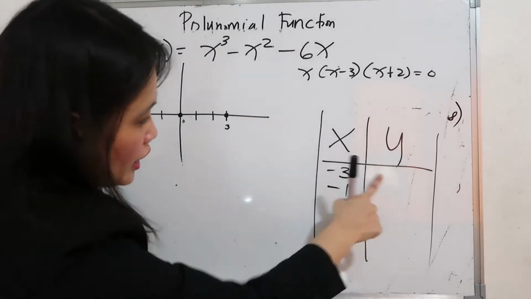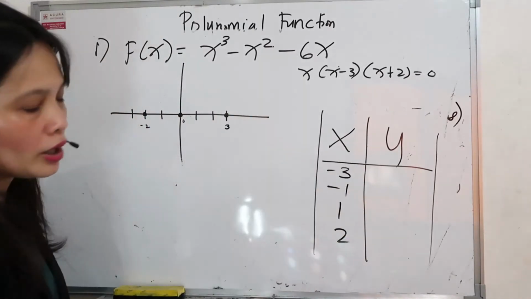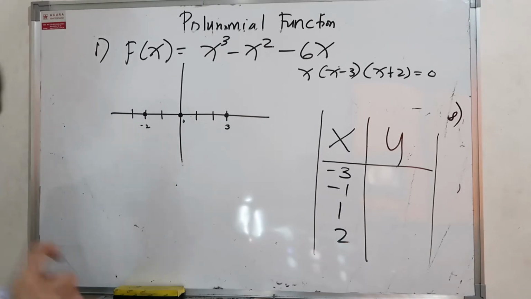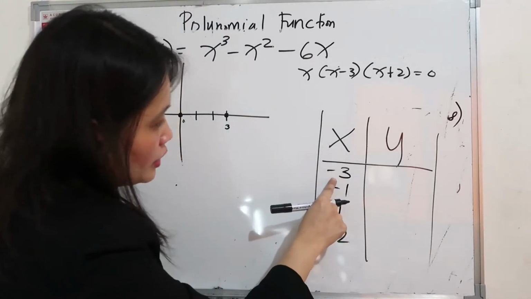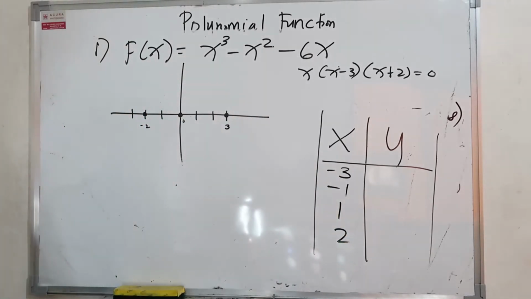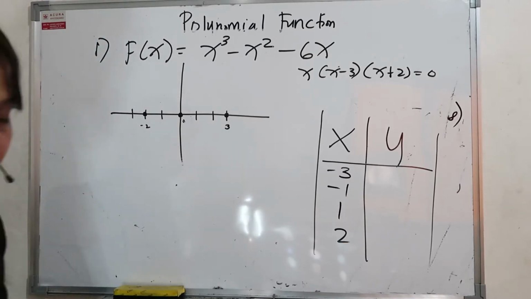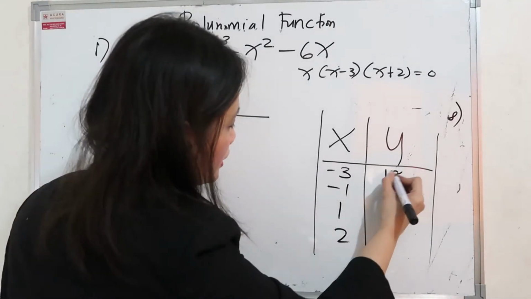How do we solve for y? Just substitute. If x is negative 3, beside negative 2, what's the value of y? Okay, negative 18. Next.